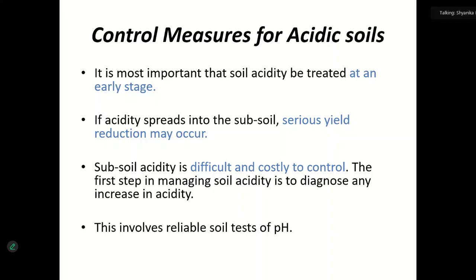Controlling subsoil acidity is very difficult and very costly. So once we identify soil acidity in the topsoil layer, we have to apply the control measures, right? So how do we measure soil acidity?